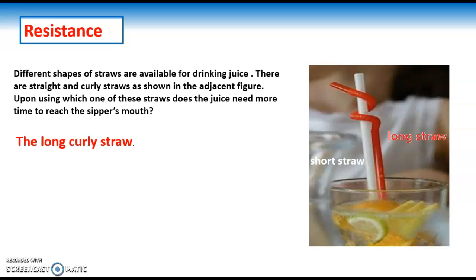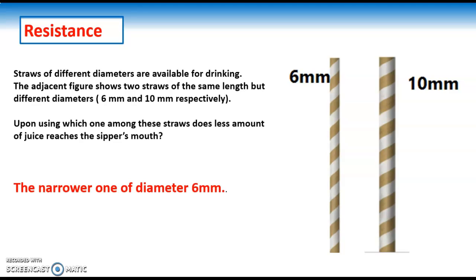Now, that was a question considering the length factor. What about these straws of different diameters that are available for drinking? The adjacent figure shows two straws of the same length now, but different diameters. One is 6 mm wide and the other is 10 mm wide, respectively.